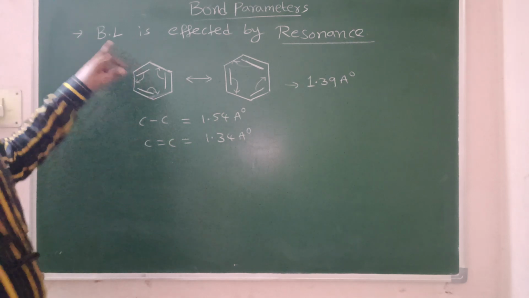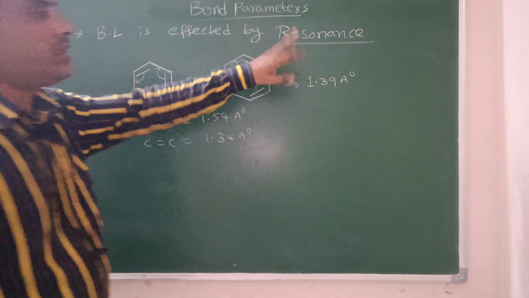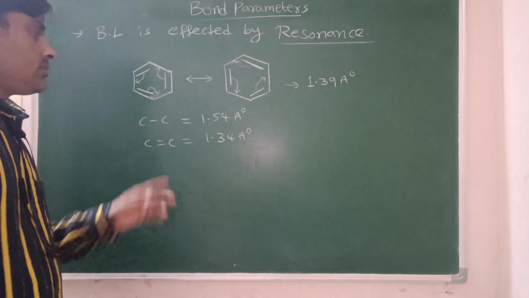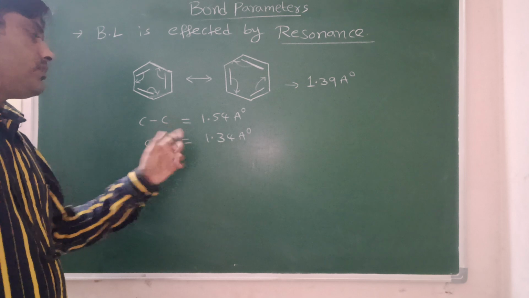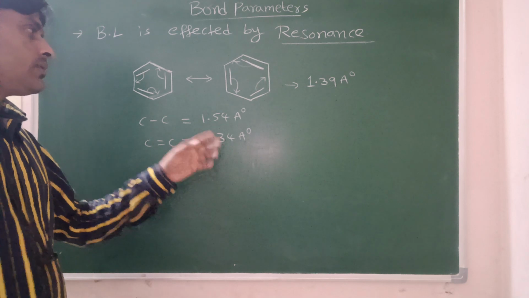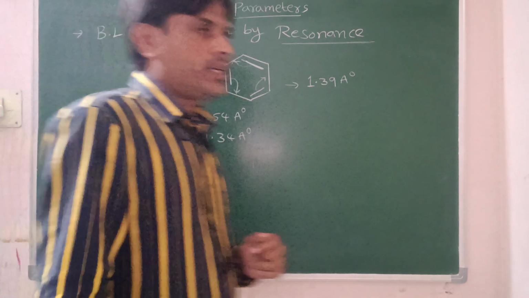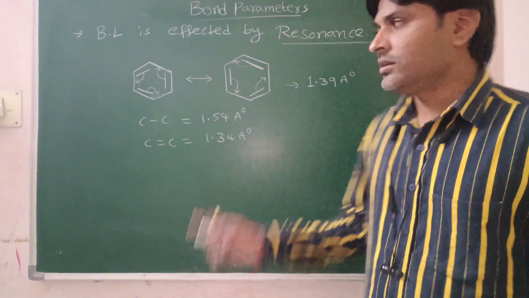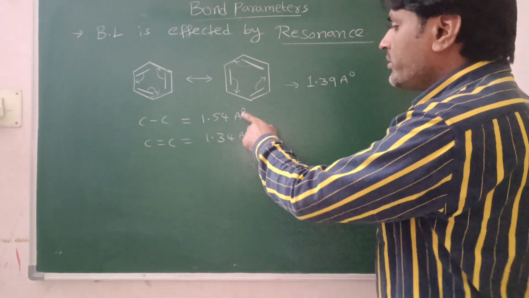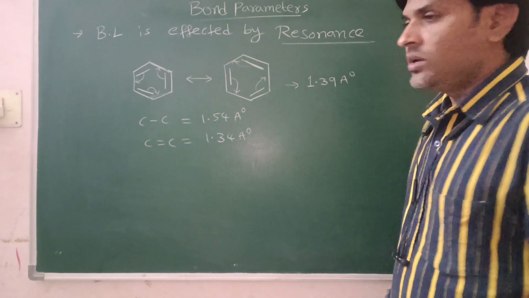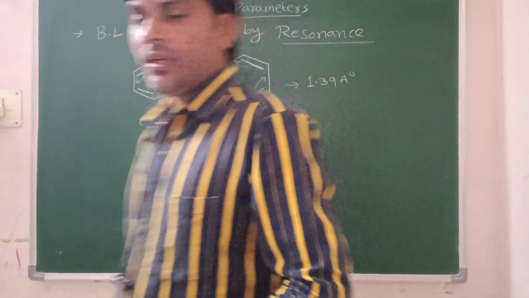So that's why we wrote here that bond length is affected by resonance. Actually, if a carbon-carbon single bond is there, bond length should be 1.54. If a double bond is there, 1.34. But due to resonance, the single bond is not constant and the double bond is not constant. That's why the bond length is in between these two. We wrote here 1.39 angstroms.